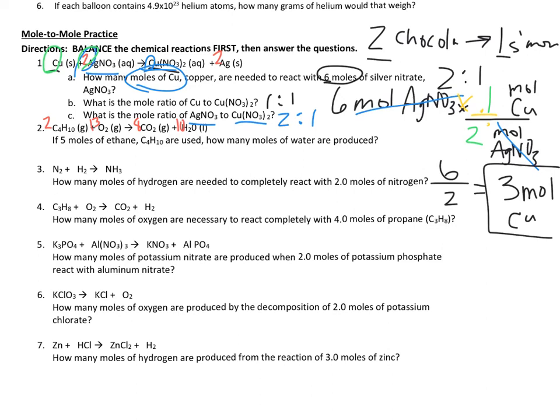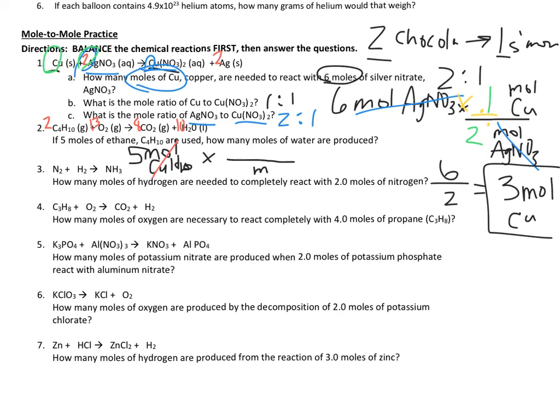Okay, so the second one there says if 5 moles of ethane, that's our C4H10, are used, how many moles of water are produced? Okay, so again, we always start with what we're given. So 5 moles of our C4H10. All right, and then we're going to put our conversion factor. We need to get rid of these moles of C4H10.